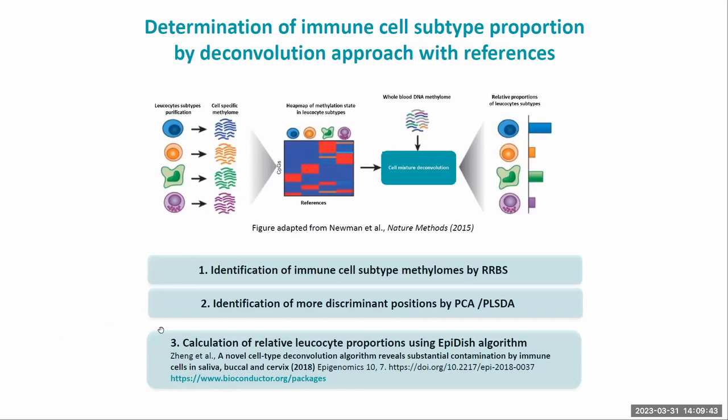The second step is the identification of the most discriminant positions by multivariate analysis. And finally, to calculate the relative leukocyte proportion using the EpiDish algorithm. This algorithm was developed from a human study.